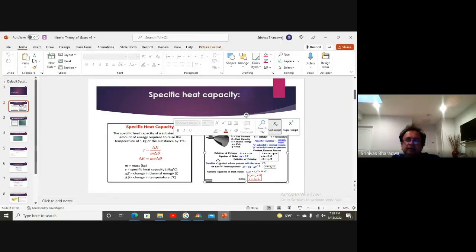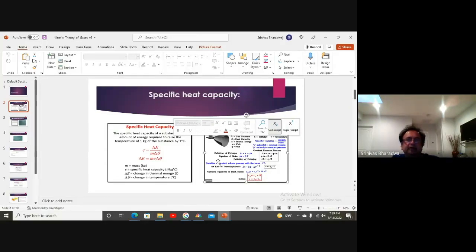Where E is the internal energy, from the law of thermodynamics, H equals E plus PV. And the equation of state, PV equals nRT. Therefore, delta H equals delta E plus P delta V, right? And P delta V equals R delta T, therefore delta H equals Cp times delta T.